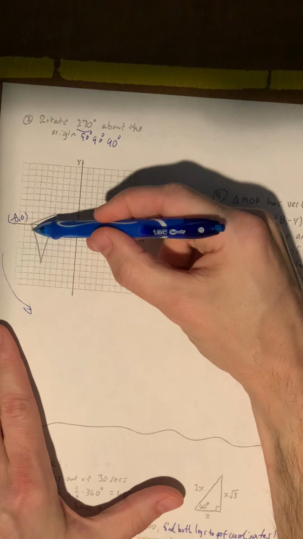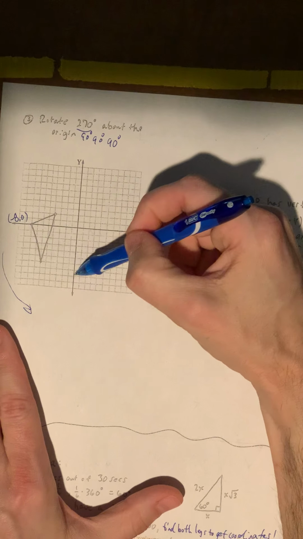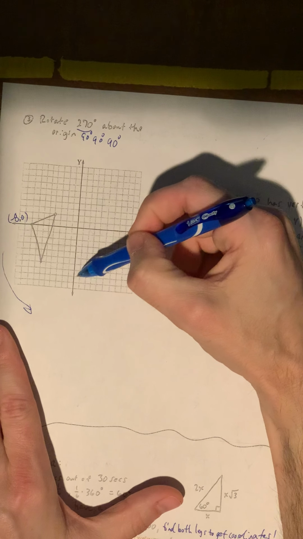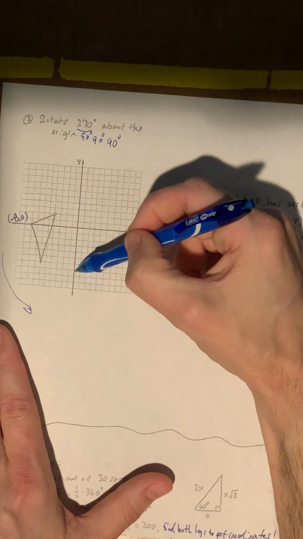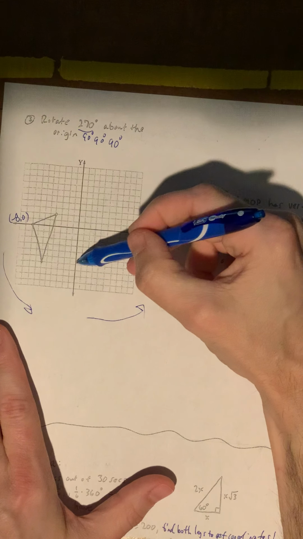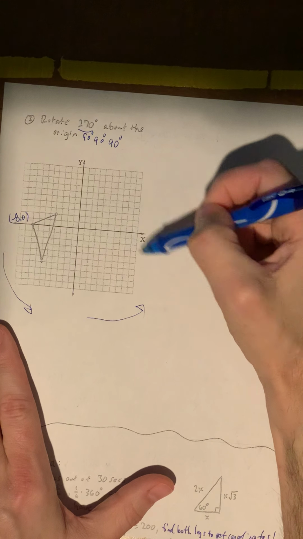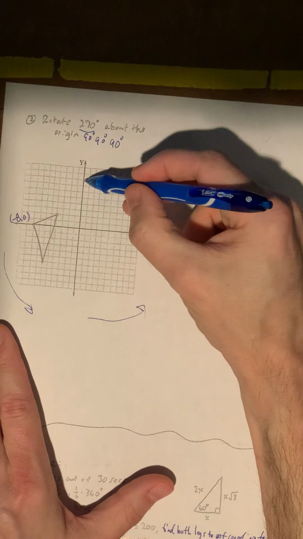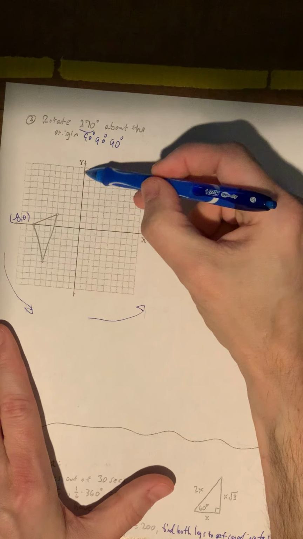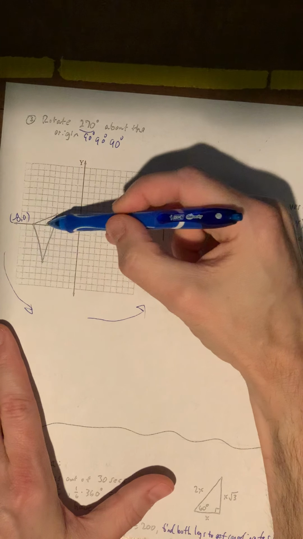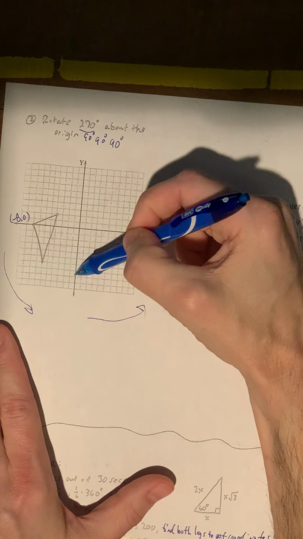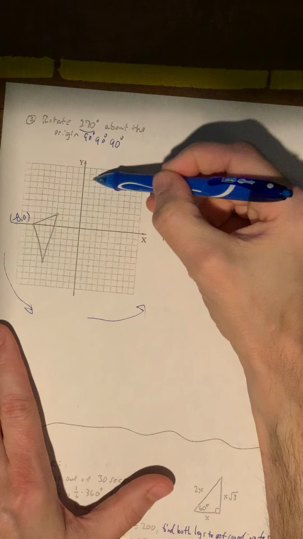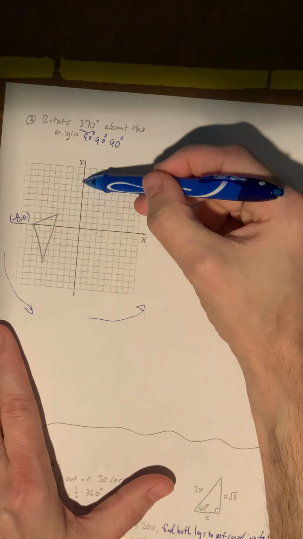So look, the first 90 would be here on this axis. The second 90 would be here on this axis for 180, and then the third 90 for 270 would be on this axis. So this point is going to be right here for 90, 180, 270.